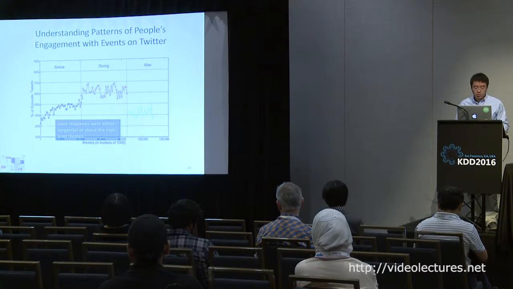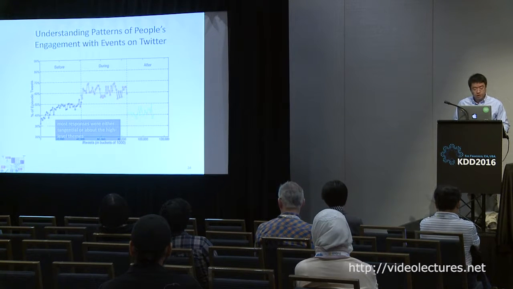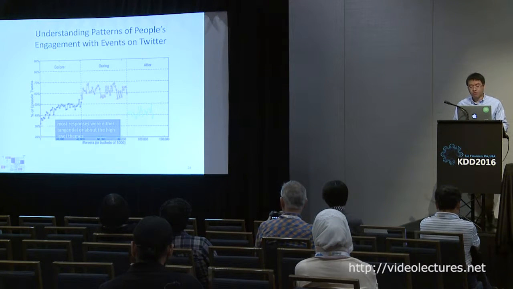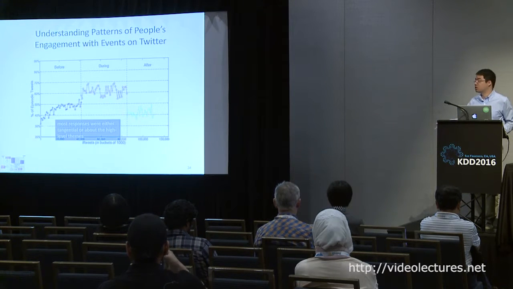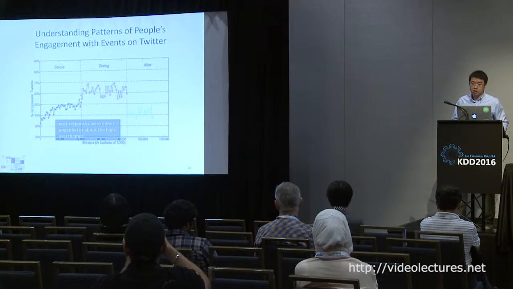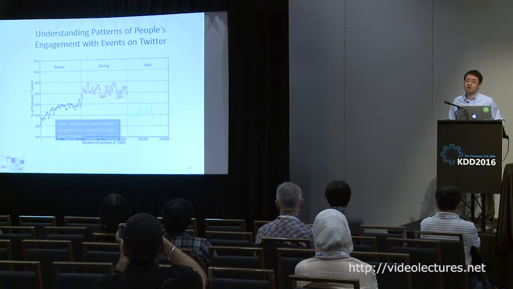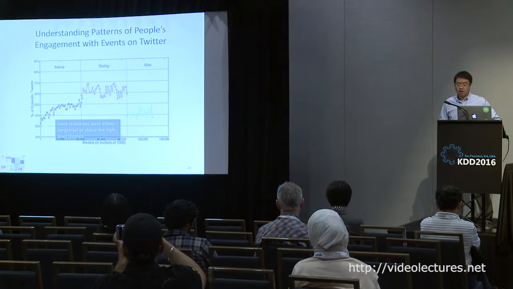At the very beginning, in the blue part, most responses before the event are very tangential or about very high-level themes of the event. This makes sense because many people before the event do not know what the people in the event will talk about, so they can only comment on very high-level topics. So their behaviors are very high level.